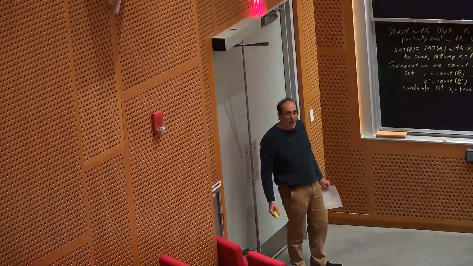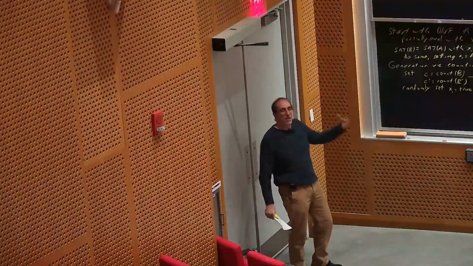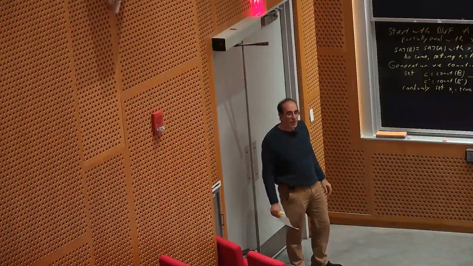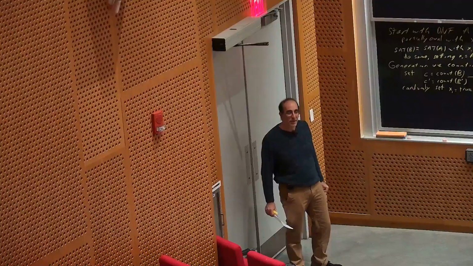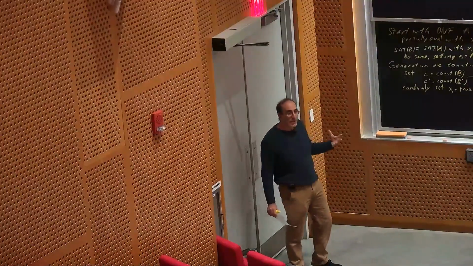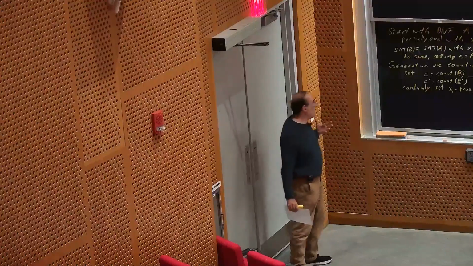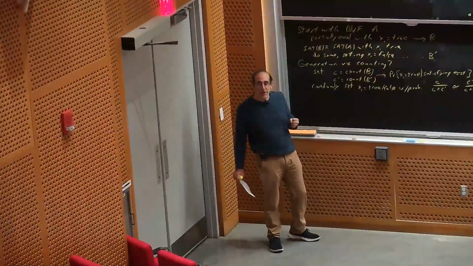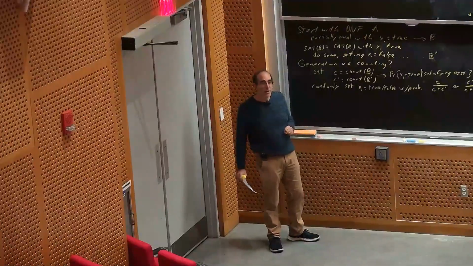And now I can recurse. I can generate the rest of the formula using exactly this procedure. Tell me if you'd like to see it worked out in more detail, but hopefully it is clear that if I just repeat this procedure one variable at a time, I will get the correct distribution.